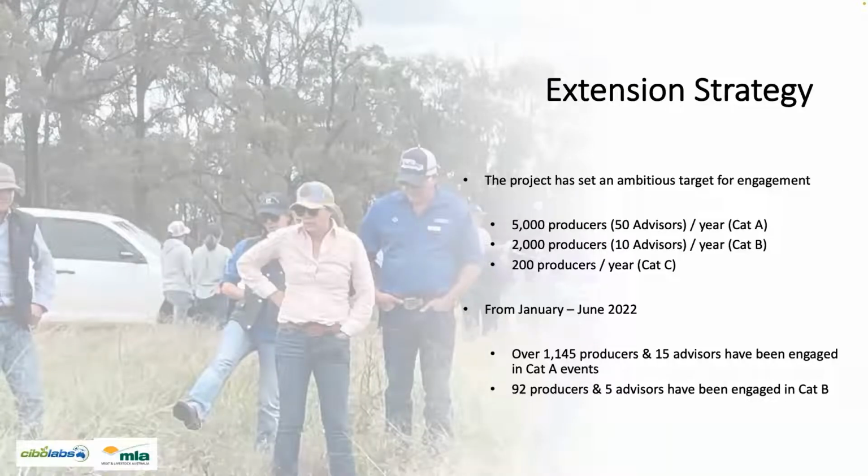In terms of the overall extension strategy for where we're looking to work with MLA, we've got a fairly ambitious target for engagement. So we're looking to have over 5,000 producers and 50 advisors each year for the next 3 years, being engaged to some degree in our category A or awareness type activities.